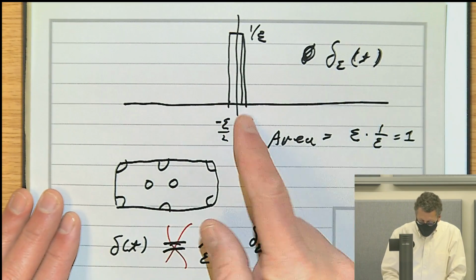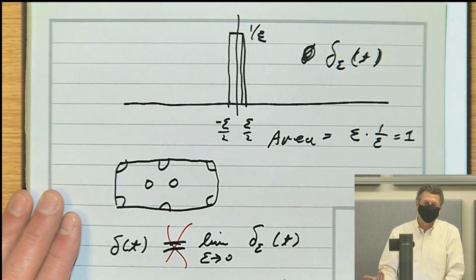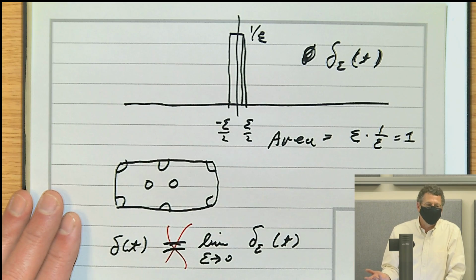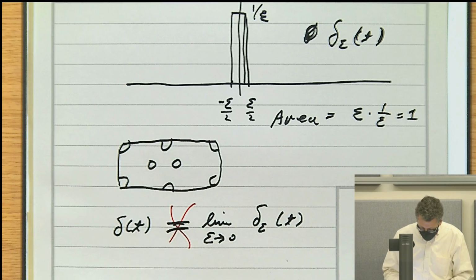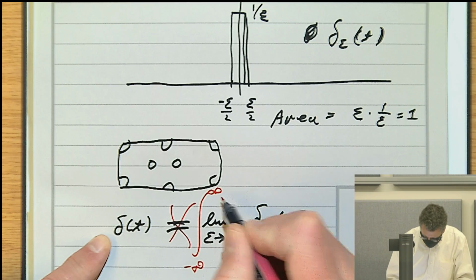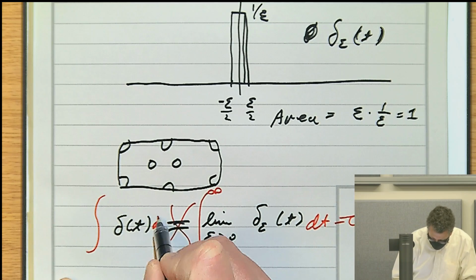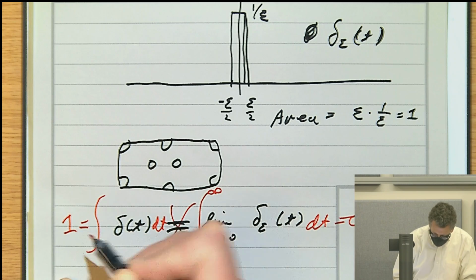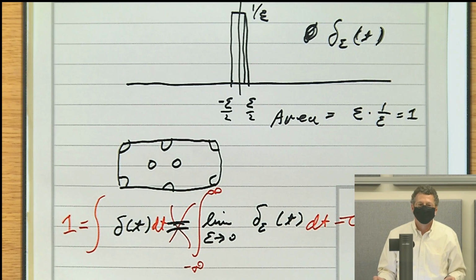So the function is equal to 0 everywhere except at 0 where it's equal to infinity or it's undefined. So the integral of that function is 0. So the problem is that the integral of this is equal to 0, but the integral of this is equal to 1. So that doesn't work, okay?